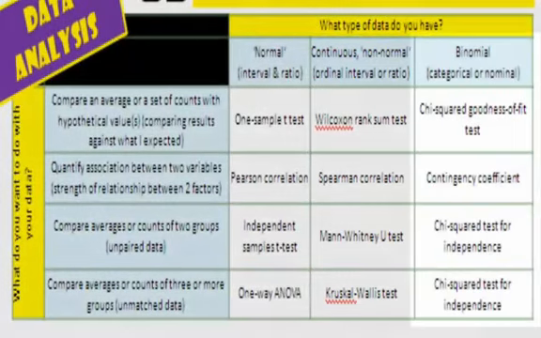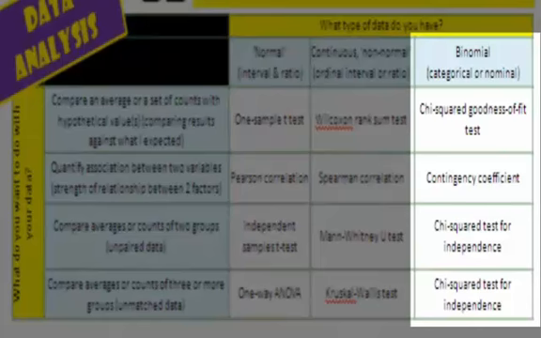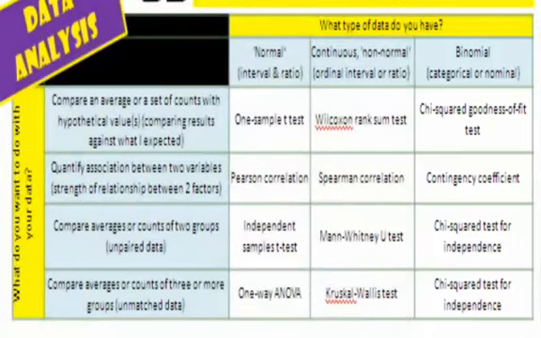Or if your data is in categories, perhaps the way people arrive at work, by car, by taxi, by train, by bus, those are categories. So if it's categorical data, descriptive data, or data that has just two possible options, then we would be looking at the final column.